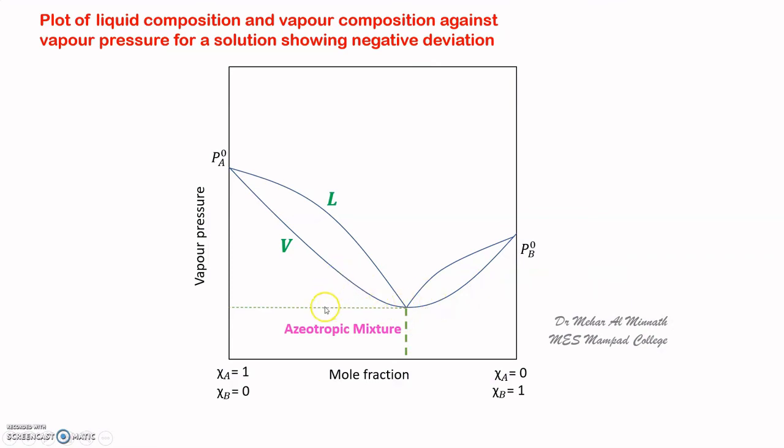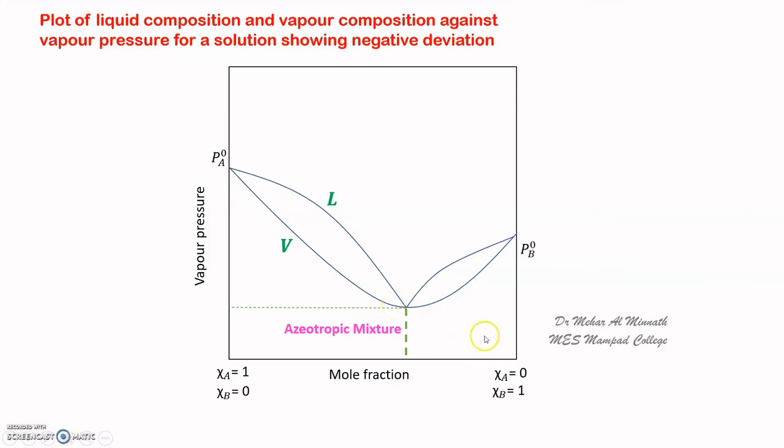The vapor pressure is lower than the individual vapor pressure or partial pressure of the pure components. For positive deviation it was more, and in an ideal solution we did not find such an azeotropic mixture, or such a point wherein the composition is the same for vapor phase and liquid phase.